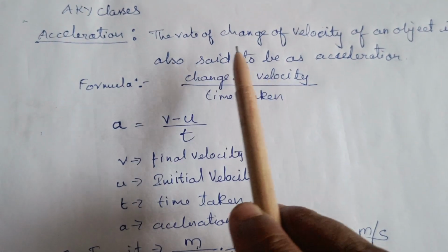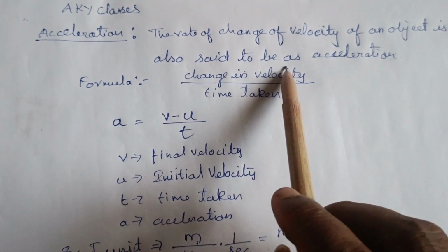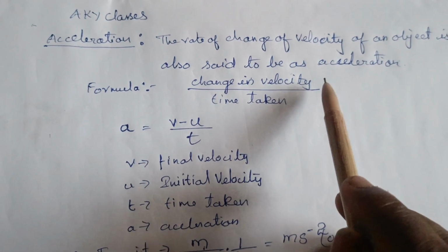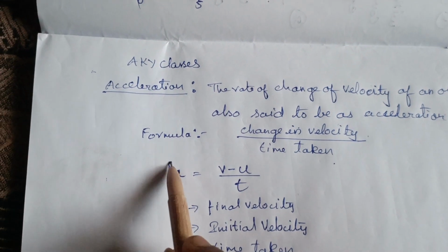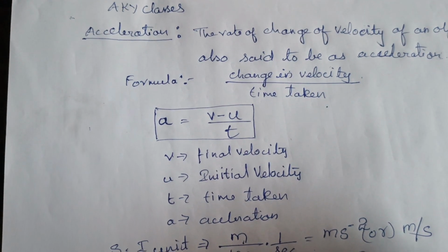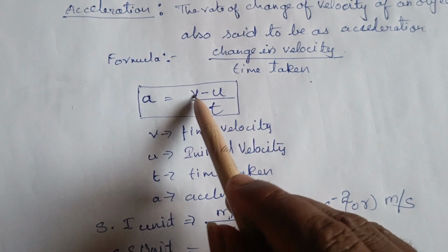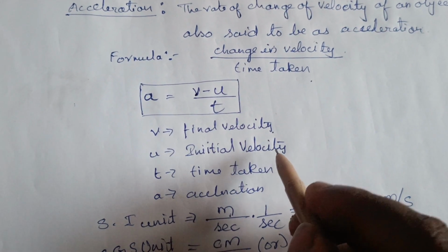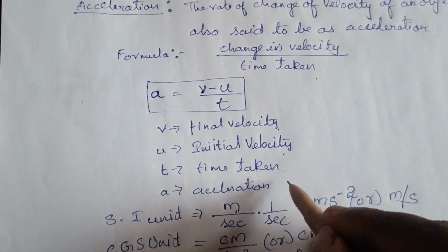We'll brush up the points again. Rate of change of velocity of an object is called acceleration, or the formula is change in velocity by time taken, written in abbreviation as a equals v minus u by t, where v is the final velocity, u is the initial velocity, t is the time taken, and a is the acceleration of an object.